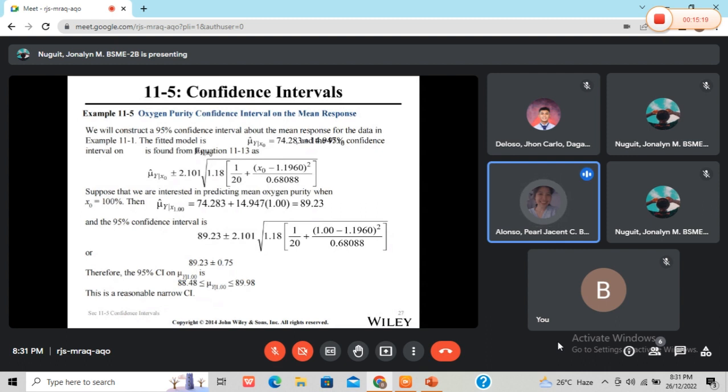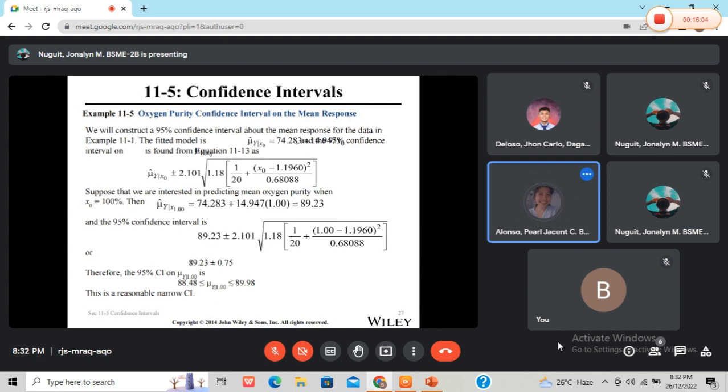Then our mu hat sub y given x sub 0 is equal to the addition of 74.283 and 14.947 times 1. It is equal to 89.23. And since it is a 95% confidence interval, then 89.23 added or subtracted by 2.101 multiplied by the square root of 1.18, then multiplied by 1 over 20 plus the subtraction of 1 and 1.1960 raised to the power of 2 over 0.68088.